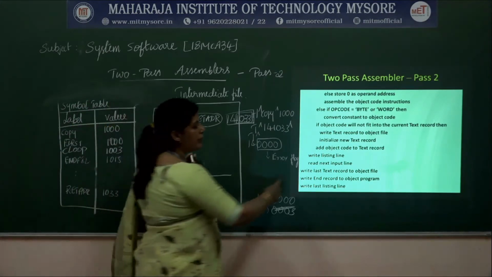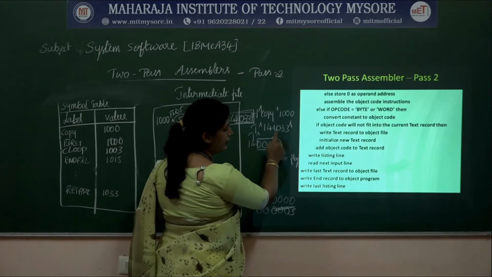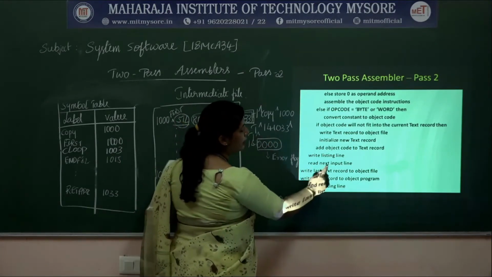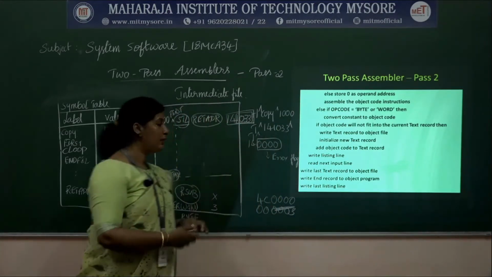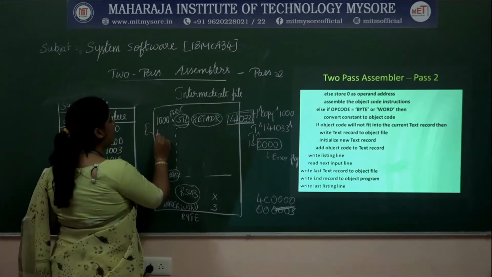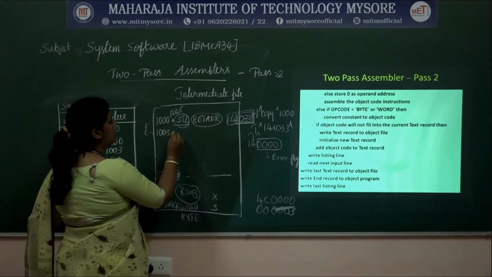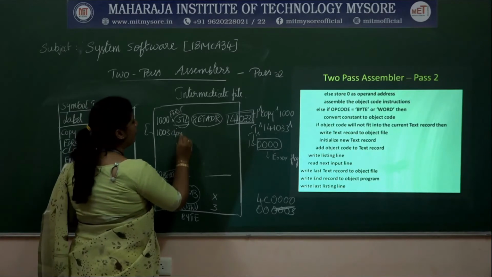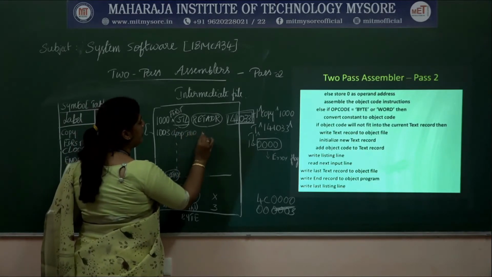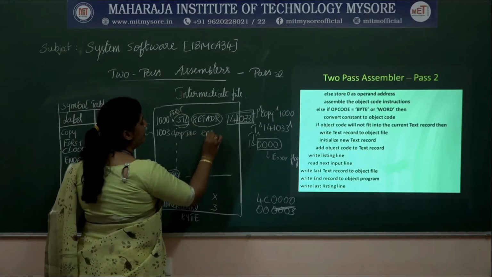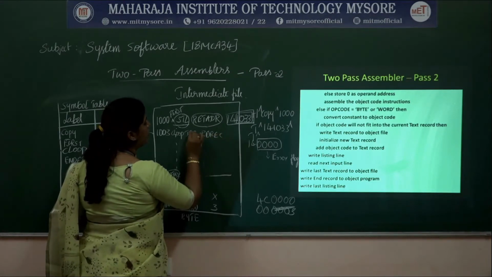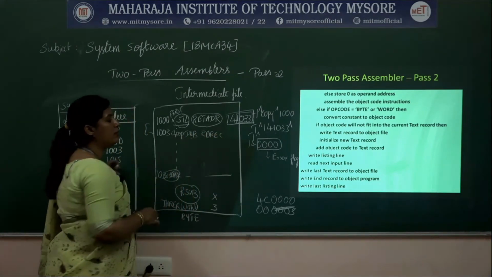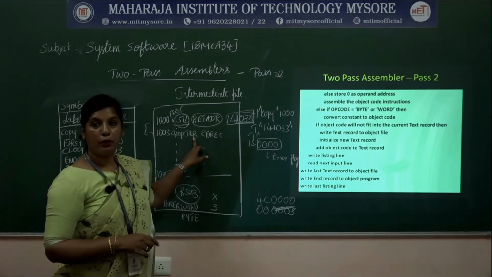Then it is going to write the listing line. Next it is going to read the next input line; again the same thing, the location counter is incremented to 1003. What is that? The CLOOP label is there. What is the instruction? That is JSUB RDREC. For that it is going to search whether JSUB is present in the opcode table or not.